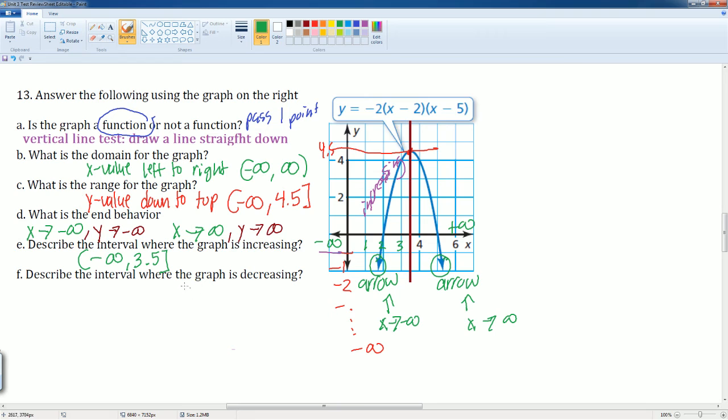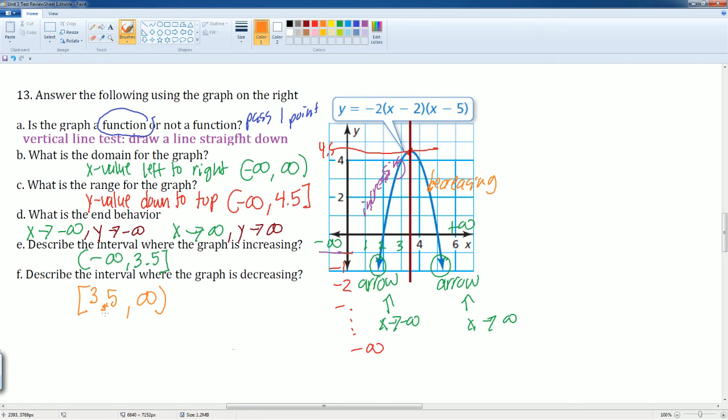Then after that, it starts decreasing. Notice it starts decreasing here on the right-hand side from that point 3.5, and it goes all the way to positive infinity. Open it at positive infinity and close it at 3.5.